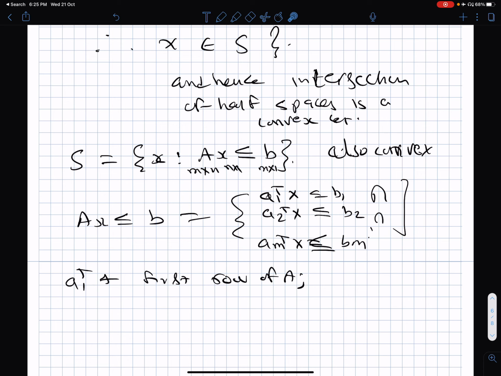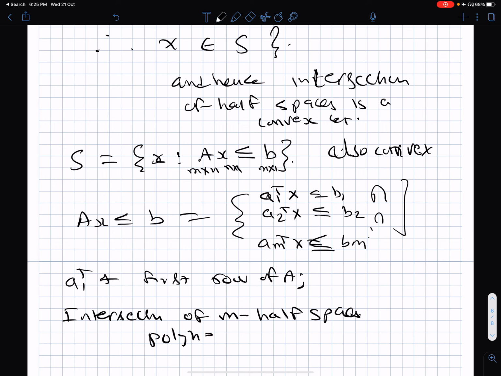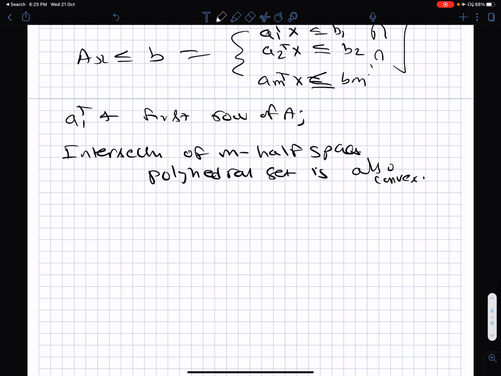This set, which is an intersection of m half spaces, is also called a polyhedral set, and is also convex. And now the last two examples I am just leaving to you to show that they are convex.